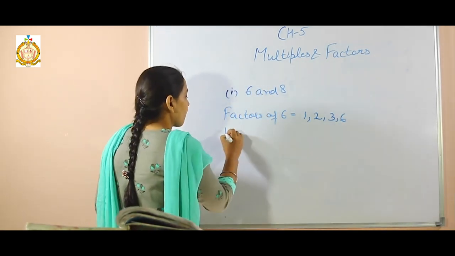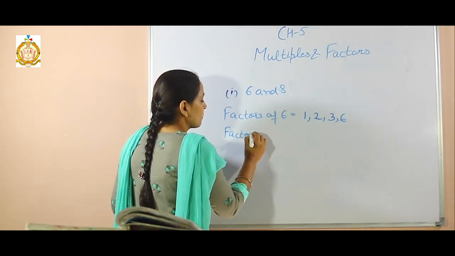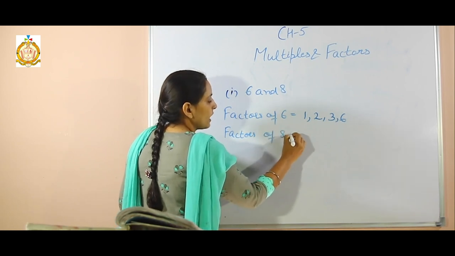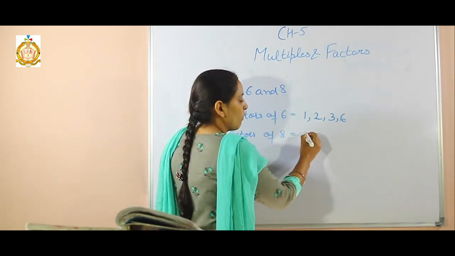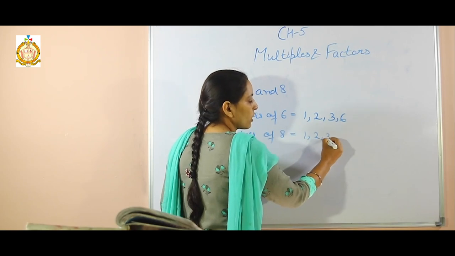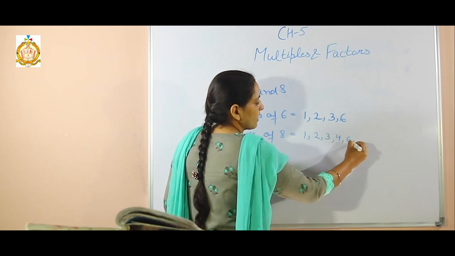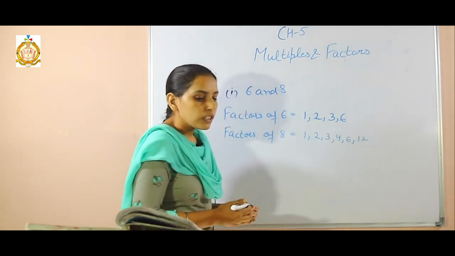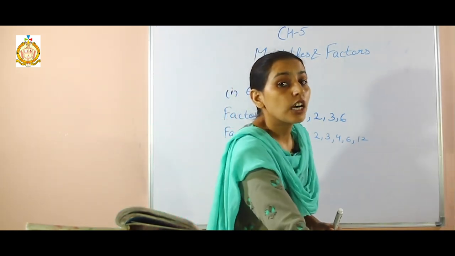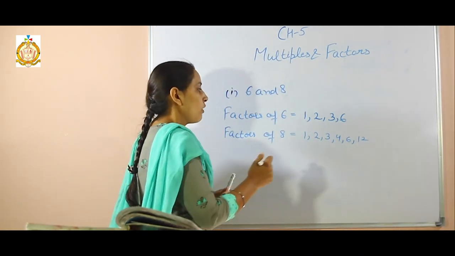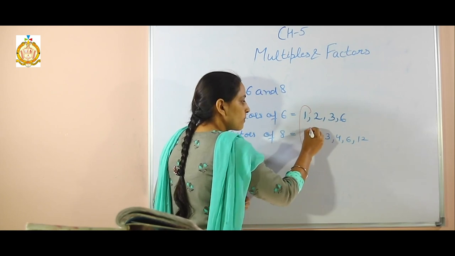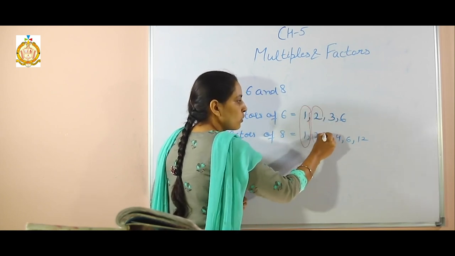Now, next is factors of 8. 8 comes in which table? 1, 2, 4 and 8. Students, now you have to mention the common factor. 1 is common to 1, 2 is common to 2.